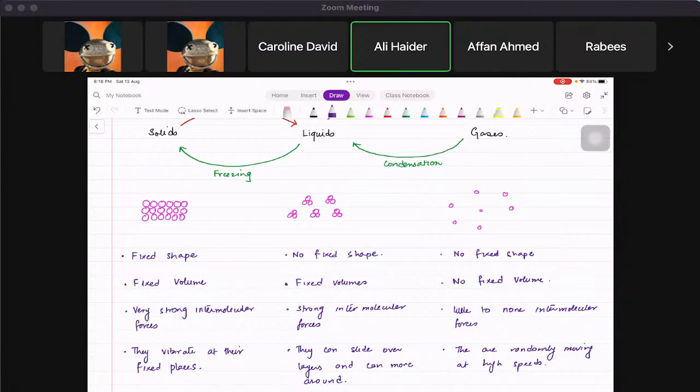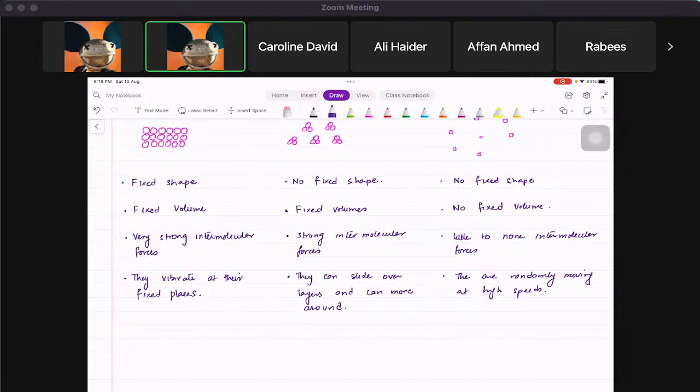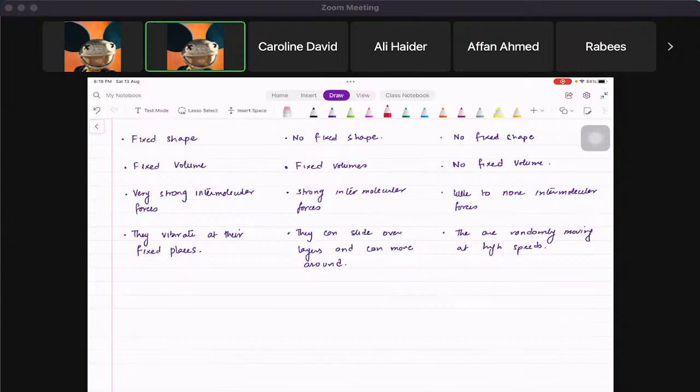Now, we need to understand that the temperature basically has an effect on these. Like in solid, increasing temperature would cause stronger vibrations.